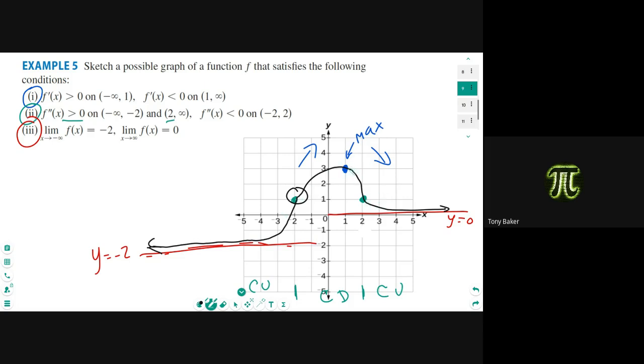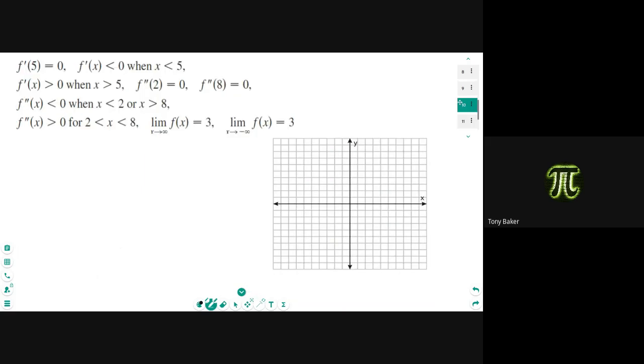That point right there is the switch between concave down and concave up. Get it backwards. And my max is there. I was a little off drawing my point, but that meets all the criteria. Okay. Your turn.